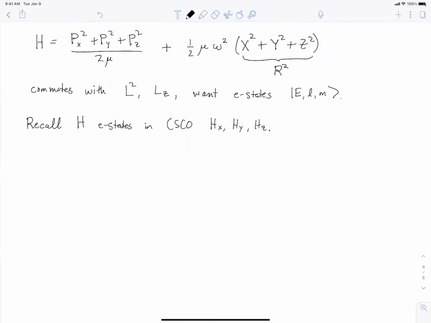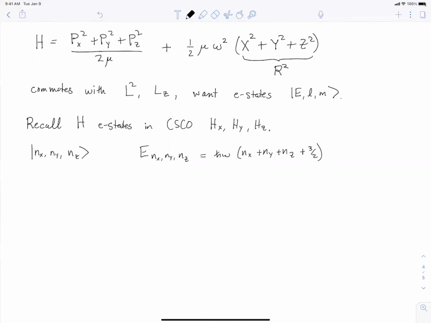And so the states were labeled nx, ny, and nz. There's an integer for each one of those. The energies for those were h bar omega times nx plus ny plus nz, plus 1/2 for each one of them, so plus 3/2.